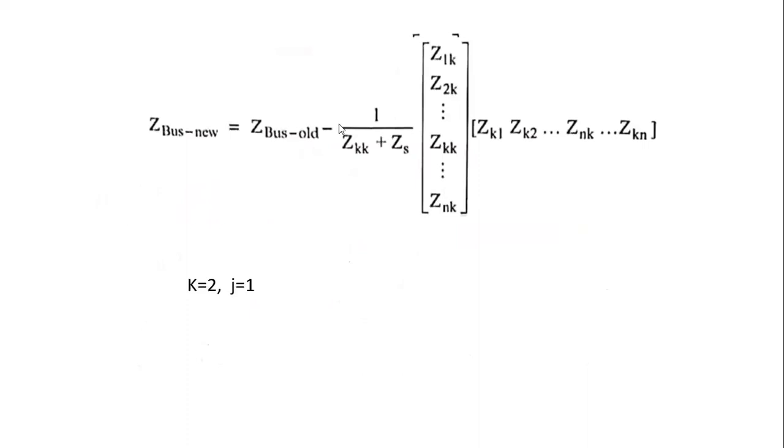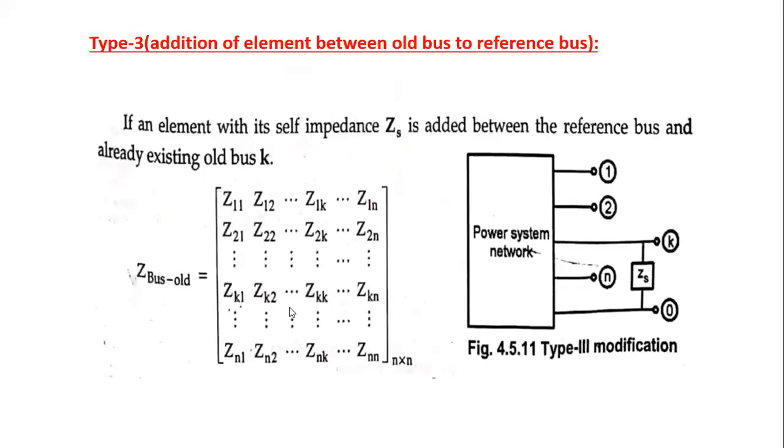Okay, in the type 3 modification, how we will form the Z bus matrix is that, Z bus new is equal to the Z bus old minus 1 by ZKK, where K is equal to 2 and I equal to 1.